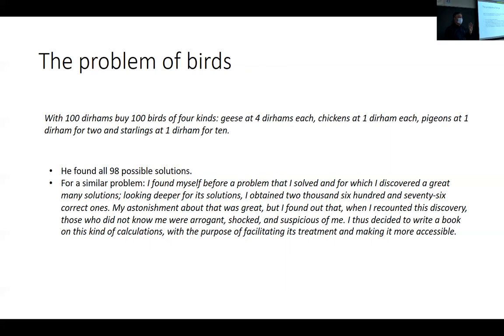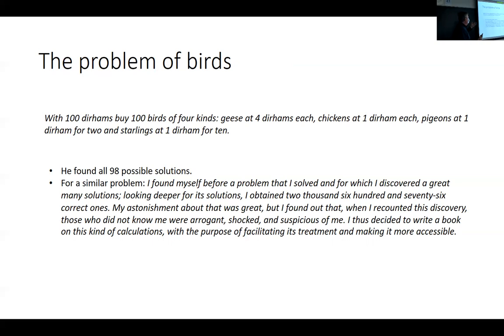And so it all depends, if you let A, B, C, D be them, you've got to look at things mod 2 and mod 10, and you've got to create a whole bunch of cases, and there's 98 possible solutions, and he goes through how he sorted that out.